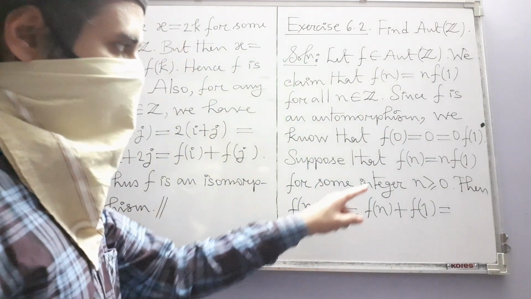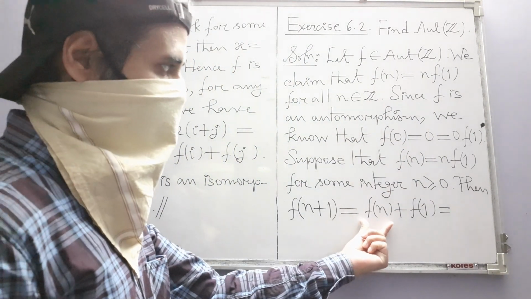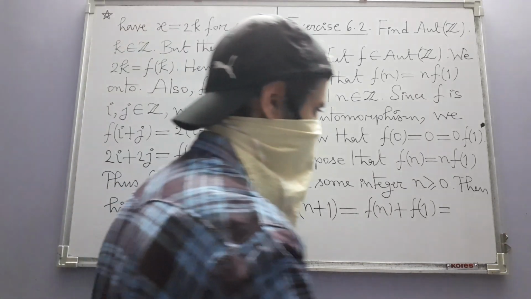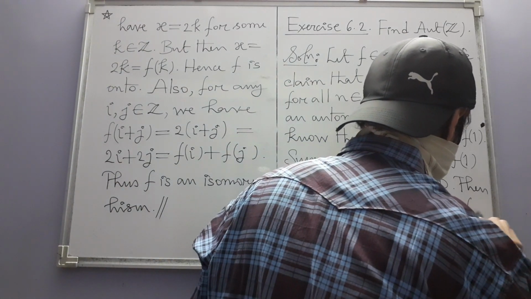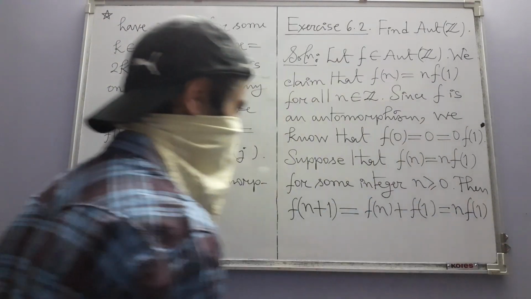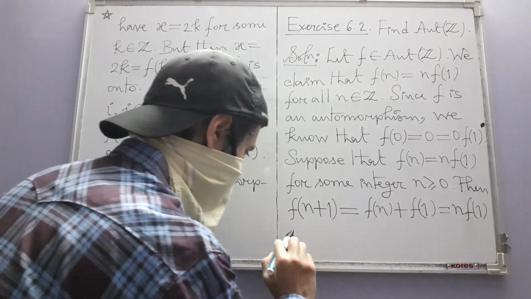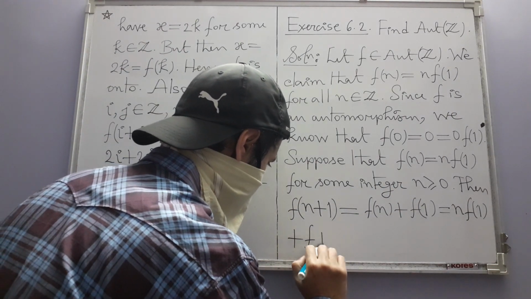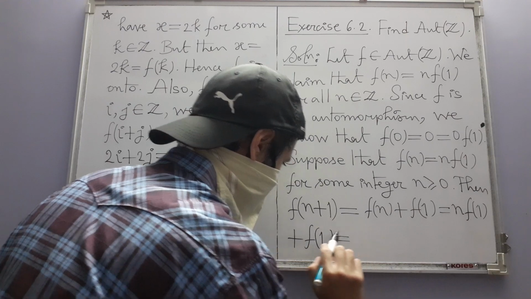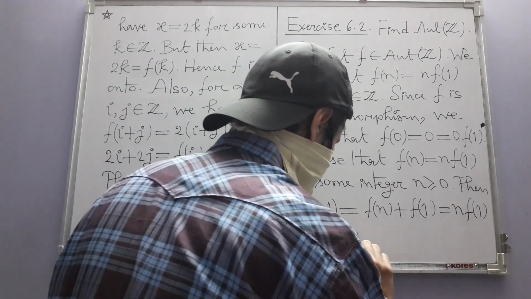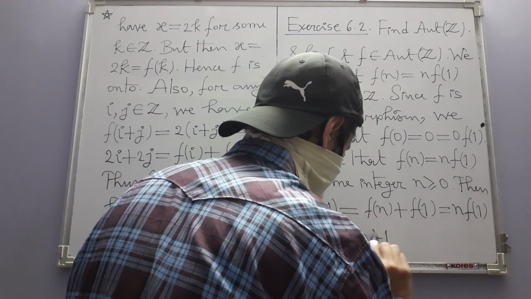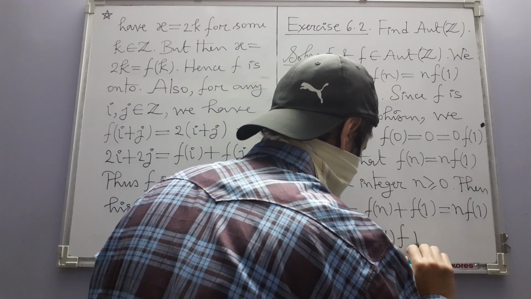But now our supposition allows us to write n times f of 1 in place of f of n, plus another f of 1. Taking that f of 1 common out, we have n plus 1 times f of 1.